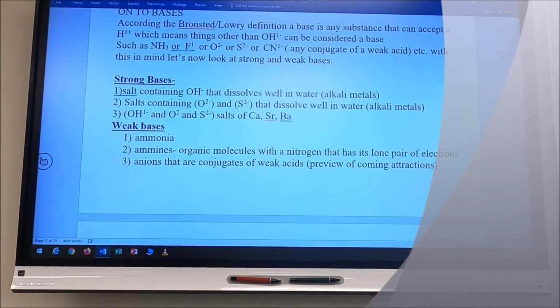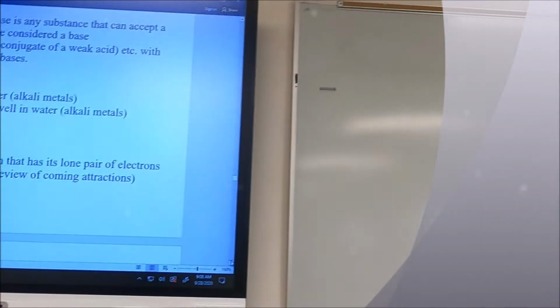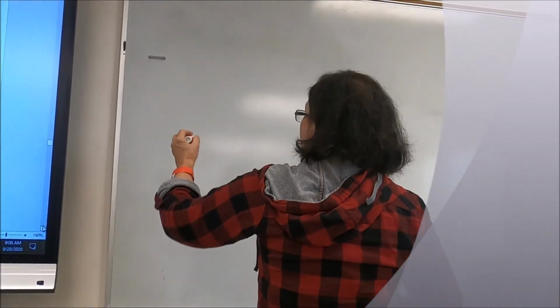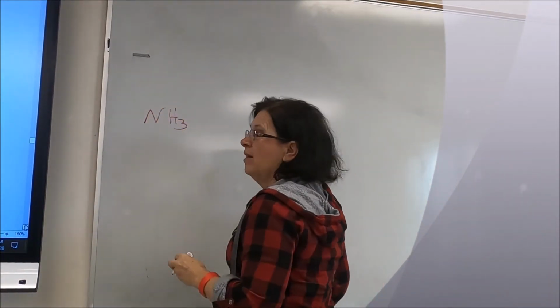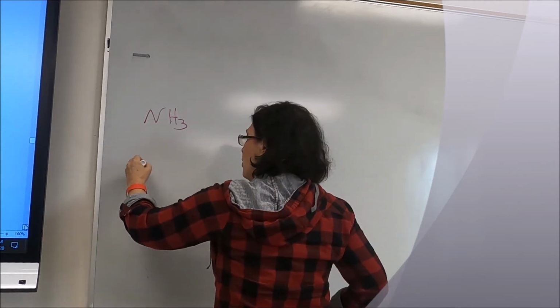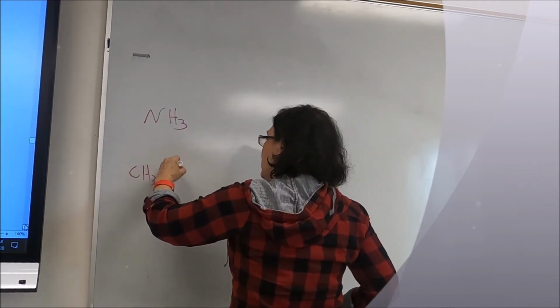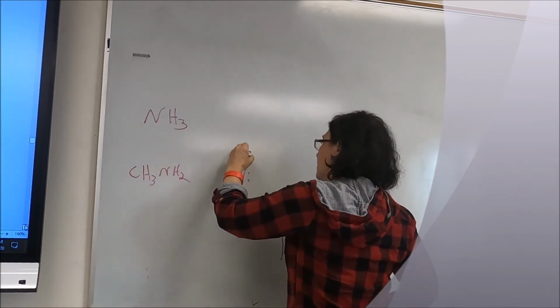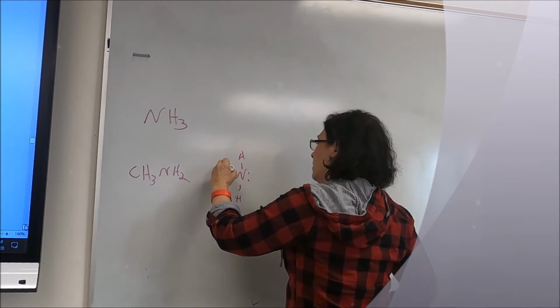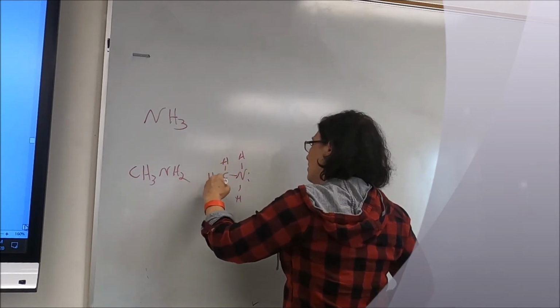Weak bases, that's ammonia, amines, which are organic molecules that have a nitrogen with a lone pair of electrons. Let me show you some amines. So we know ammonia. If I substitute one of the hydrogens for a CH3 group, so if I had CH3NH2, it looks like this.